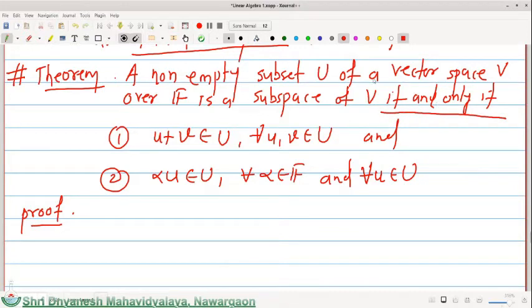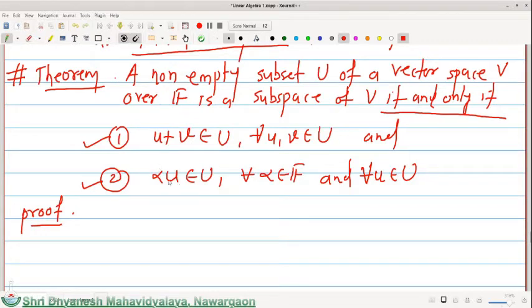U + V belongs to U for all u, v belongs to U, and alpha u belongs to U for all alpha belongs to F and for all u belongs to U. This is your vector addition and this is your scalar multiplication.